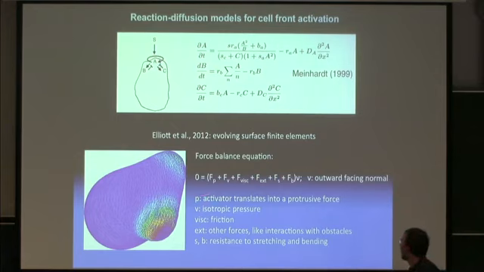The boundary itself is given by a force balance equation, where you assume isotropic pressure inside the cell, and you have viscous friction, and then intrinsic forces like membrane tension and resistance to bending. One very simple question I wanted to ask is, how good is that Meinhardt model?